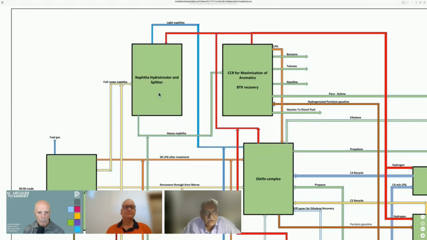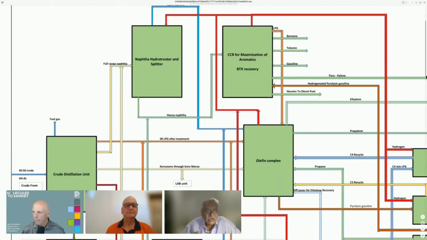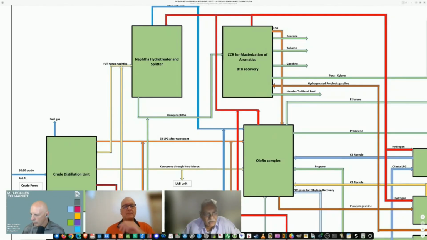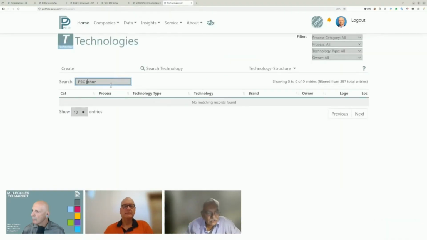Let's go further down. CCR, which is designed for aromatics. Again, both Axens as well as UOP have a complete basket of technologies for the CCR block. They have the reformer, they have the isomerization unit. In UOP parlance, it is Tatoray, but Axens also has their own technology for it.